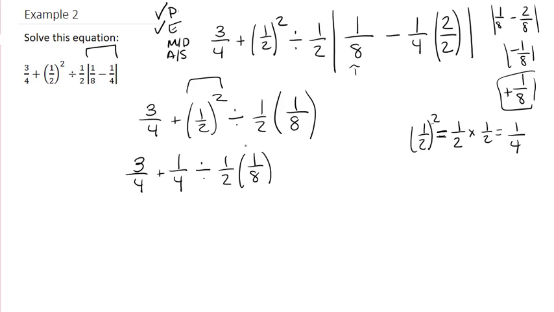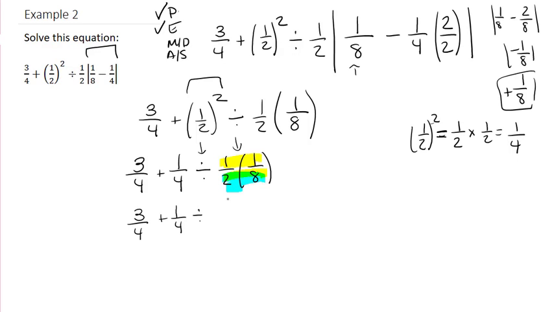And we can see that we have a multiplication problem here and a division problem here. So let's go ahead and first multiply. So we have 3/4 plus 1/4 divided by, and then let's multiply this top number, and then we're going to multiply this bottom number.